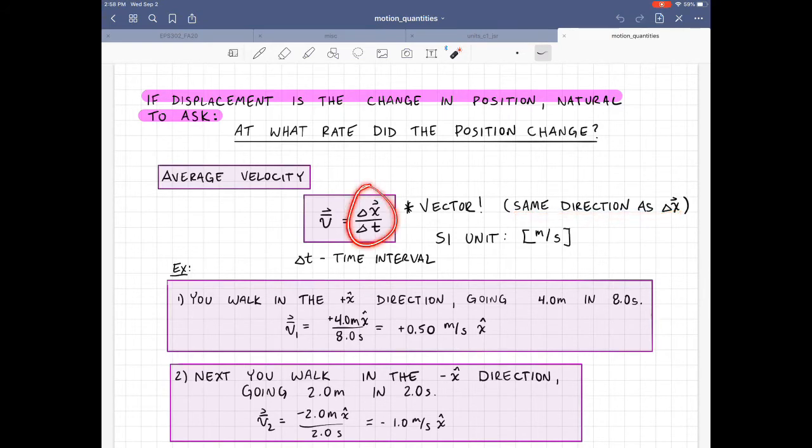You'll notice here that delta t is a scalar, but delta x is a vector. And so the direction of the vector for average velocity is the same direction as the displacement. The SI unit for velocity is meters per second, right? A length unit divided by a time unit.